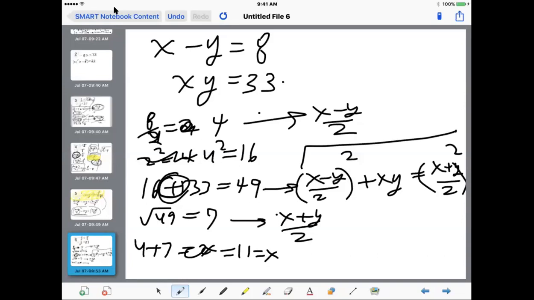And if I subtract them, I realize I probably should say 7 plus 4 and 7 minus 4. If I actually subtract this minus this, I get negative 2Y over 2, which would be negative Y. So just subtract the bigger minus the smaller.